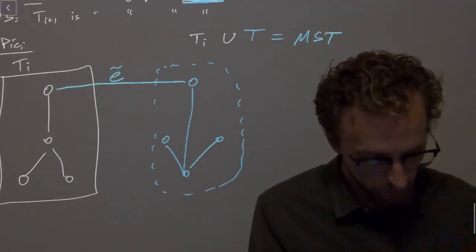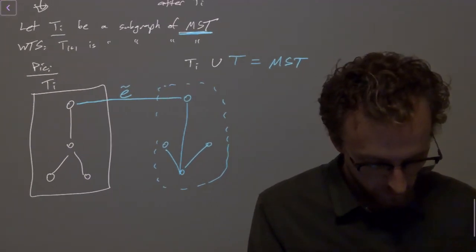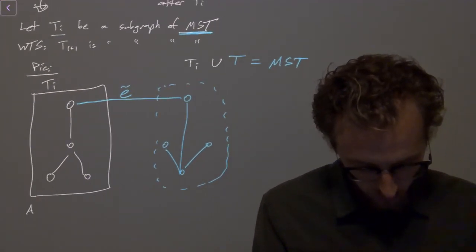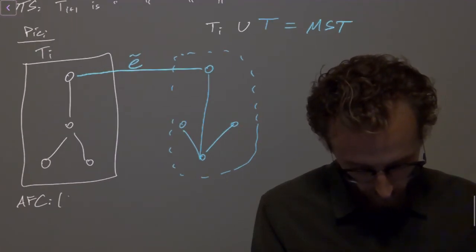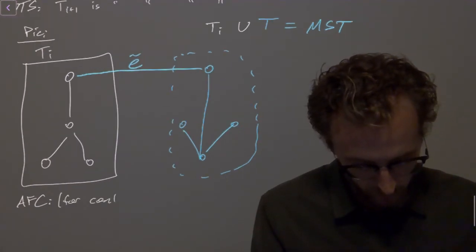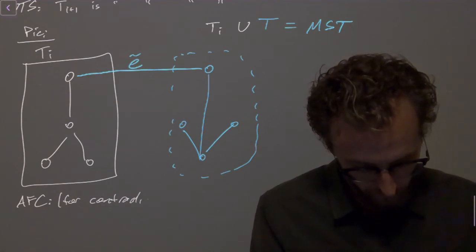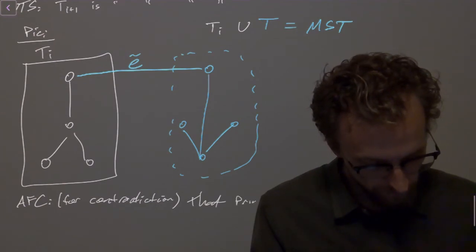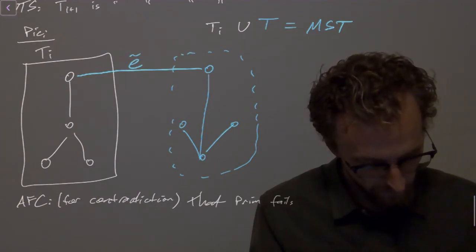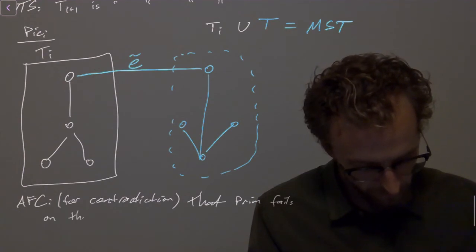Okay, so here we go. We're going to assume for contradiction. So the way to write this is: assume for contradiction that Prim fails on this step.